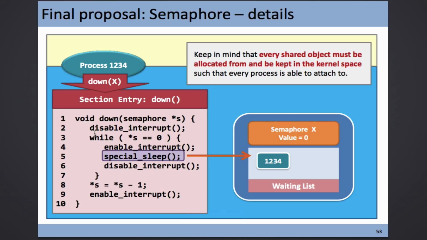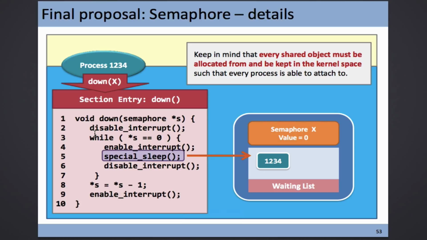The penalty is, let's look at here. You will first disable the interrupt. In the while loop checking, now you are 0. You went down from 1 to 0, and you try to go down one more time, 0. Then I will go into enable interrupt again. Why?